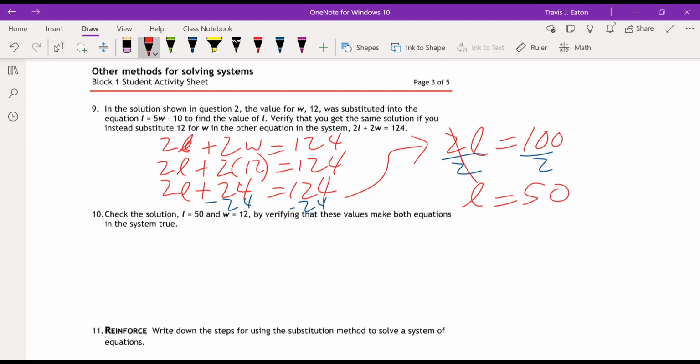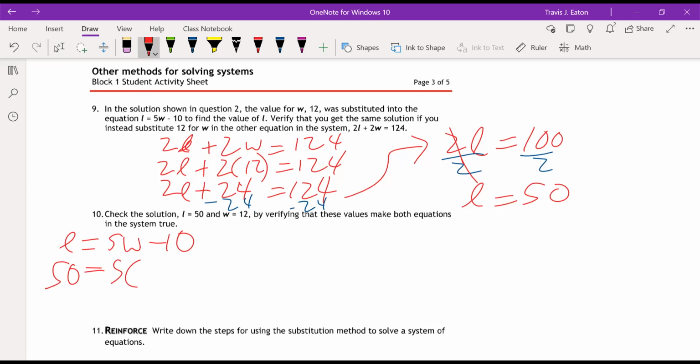And so back to the original equations, right? L equals 5W minus 10. We know that L is 50.